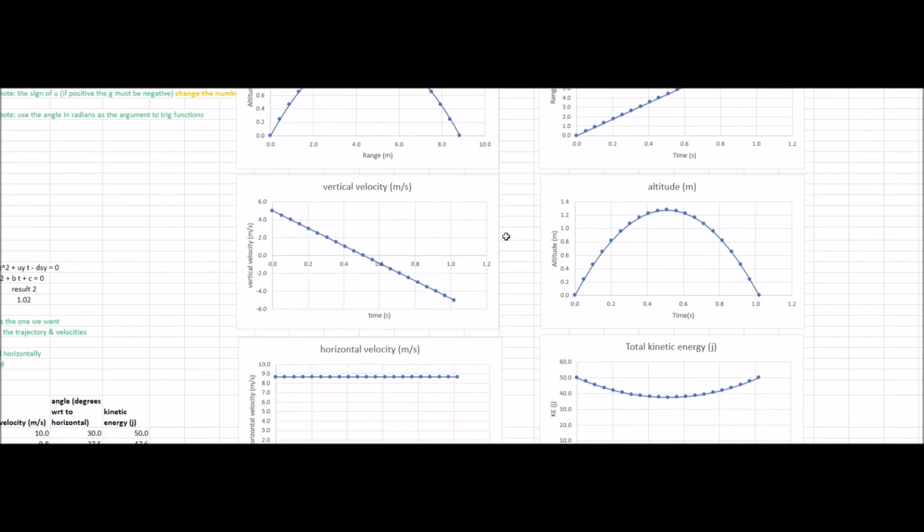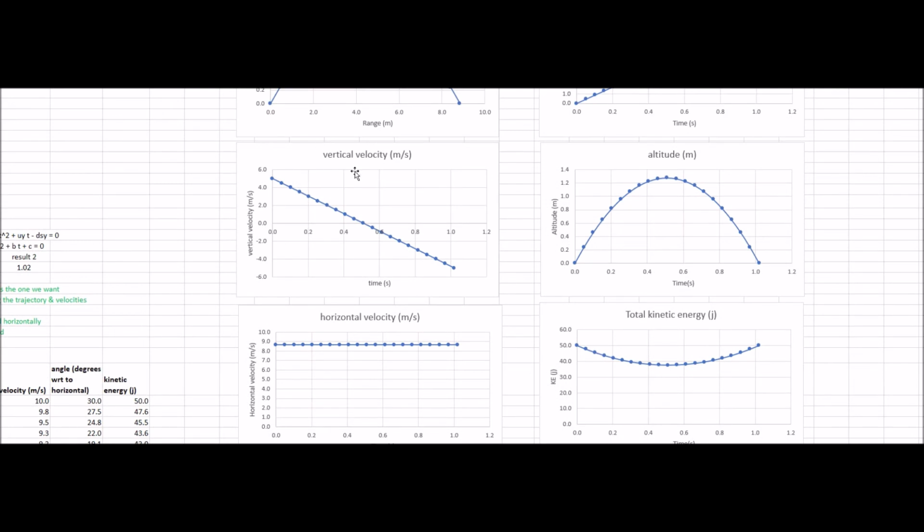Okay. And then you see a diagram that shows you the total kinetic energy of the projectile. You can sort of see that it has this kind of downward dip and then it curves back up. Now, to explain why it curves down and curves up, it has to do with the vertical velocity. If you recall, the formula for kinetic energy is half mv squared.